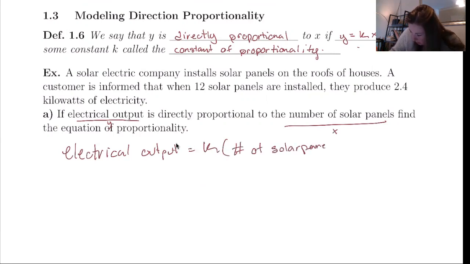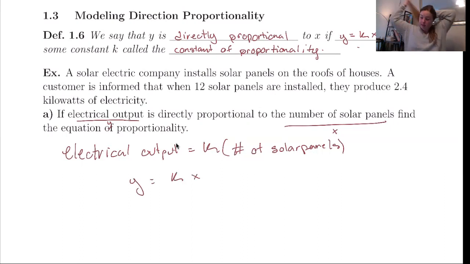It makes sense, right? If I don't have solar panels, I'm not going to gain electrical energy from the sun. So our y is electrical output, we don't know what k is, and we just have x.